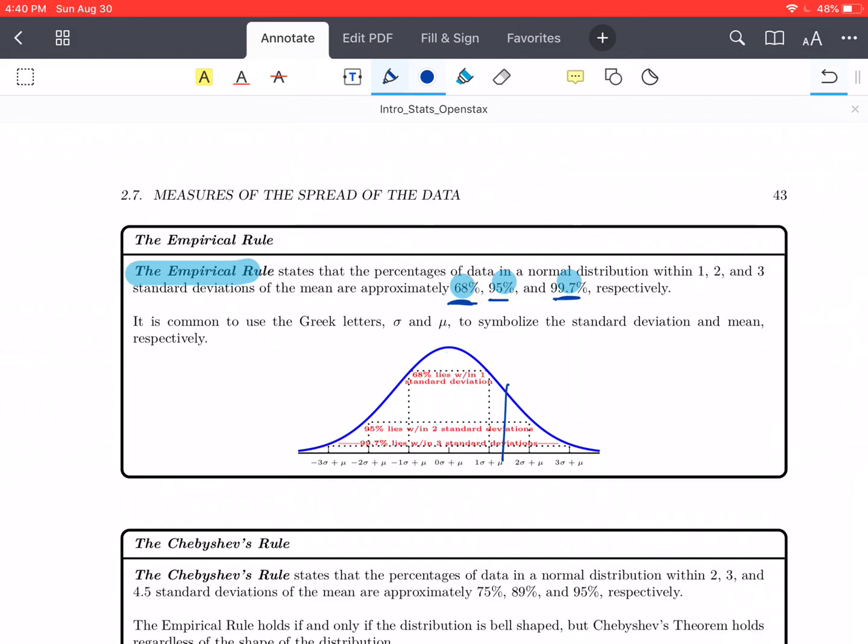So this gives a real context. If you are more than 3 standard deviations away, that is insanely high. More than 3 standard deviations away means almost all the data is below you, statistically. And similarly, if you are less than 1 away from the mean, somewhere in here, then that's relatively close, right? That's not particularly far away from the mean.